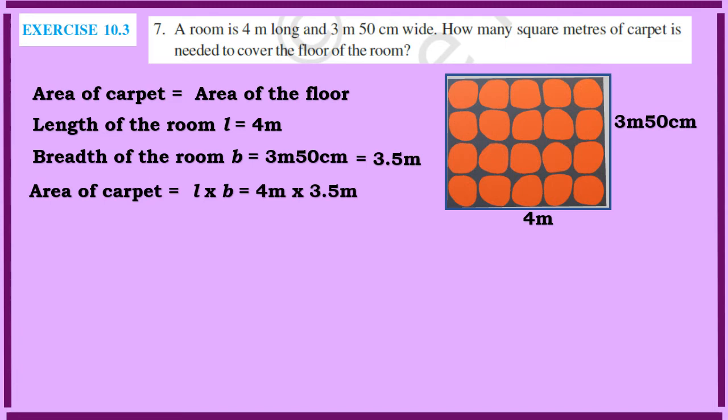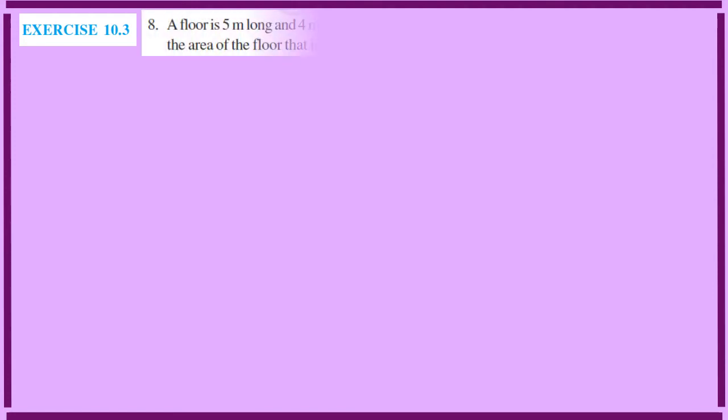L into B, 4 into 3.5. As I told you earlier, 3.5 into 4 means you multiply 35 into 4, and in the answer put one decimal place. So 35 into 4 you will get 140. So with one decimal place, 14.0 will come. 0 no need to write. So 14 square meter is the area of the carpet. Clear? Next, question number 8.